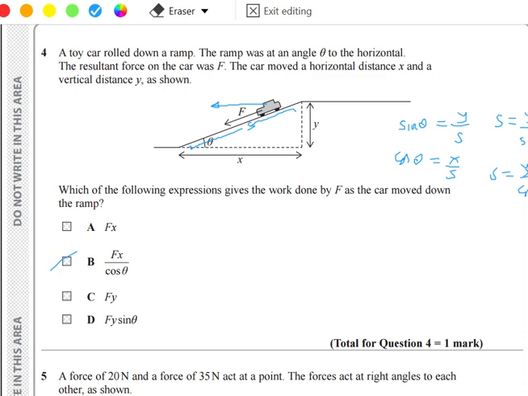The answer is, if we say x F cosine theta, we will then calculate the work done by the horizontal component of F. But we want here the work done by F, so it is not x F cosine theta; it is only F x over cosine theta, because that formula is only for the work done by the horizontal component. We can name it as F h, F horizontal.